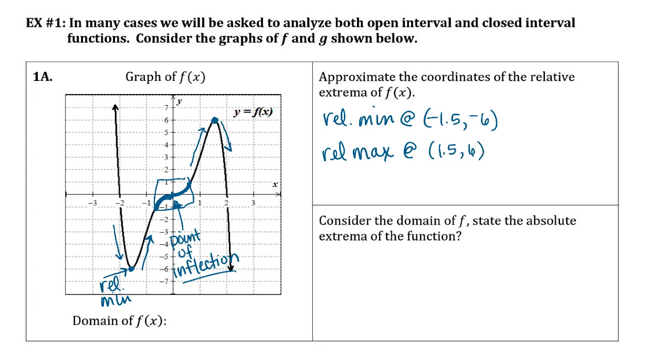All right, so now let's talk about the next one. Is asking us to consider the domain of f where the absolute extrema. Now look at the endpoints. This is where if you're talking about absolute extrema, check out those endpoints. They're not closed circles. They're arrows to indicate that this function continues in the direction it's going.